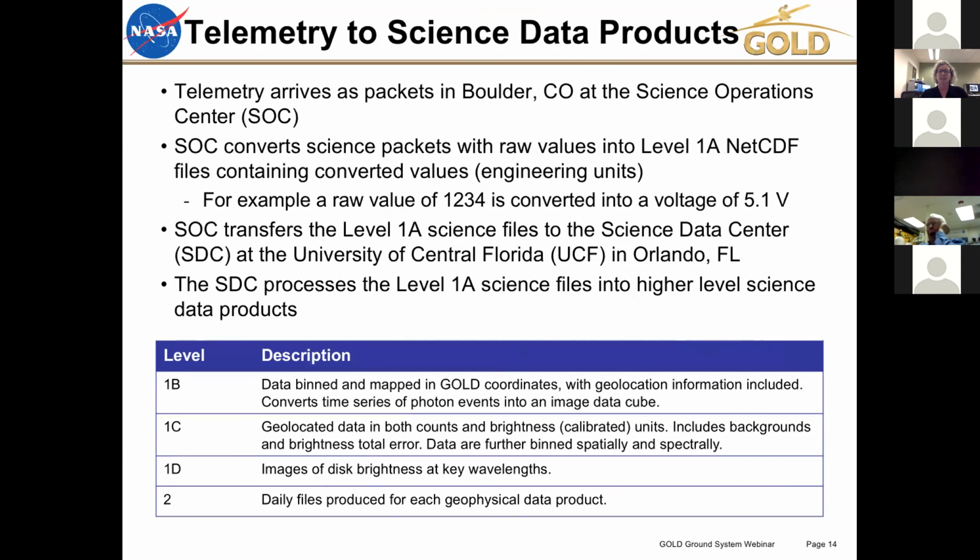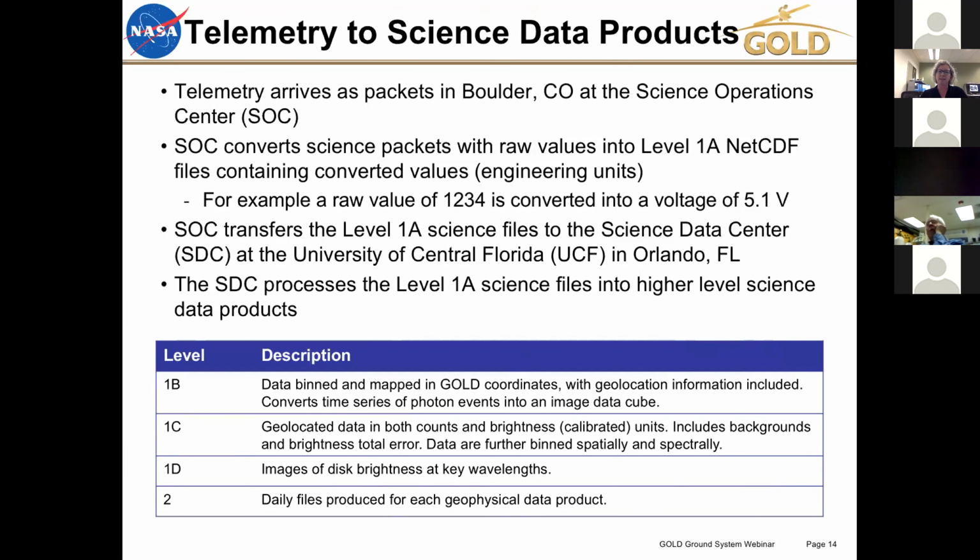Level 1C is kept in a data format, so it's very usable for scientists, but for, say, the average person who would want to look at what images GOLD has taken, level 1C is not your data product. They're usable by scientists, who convert them into their own plots depending on how they want to visualize the data.